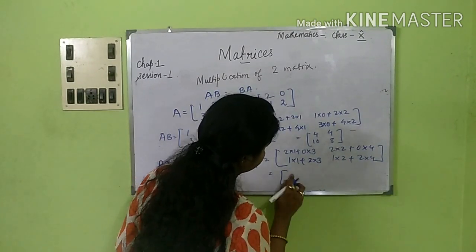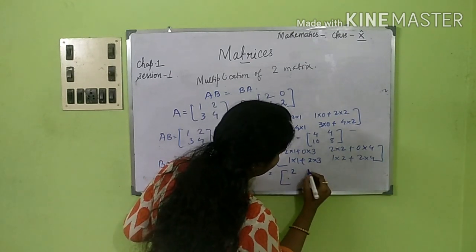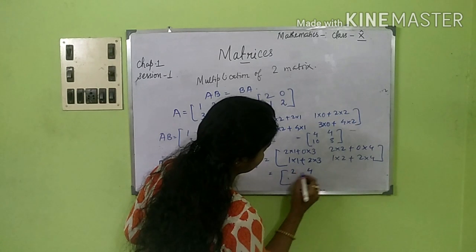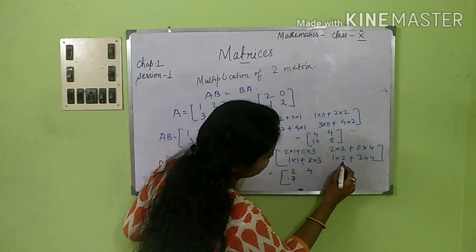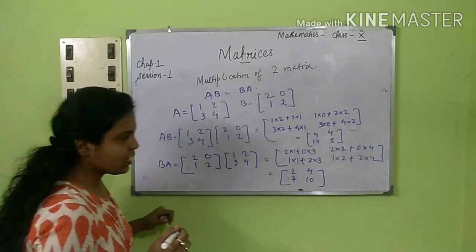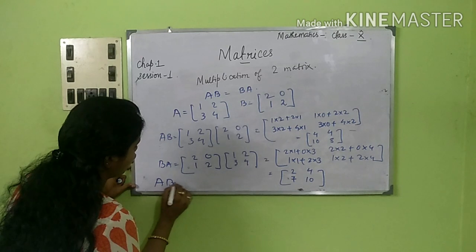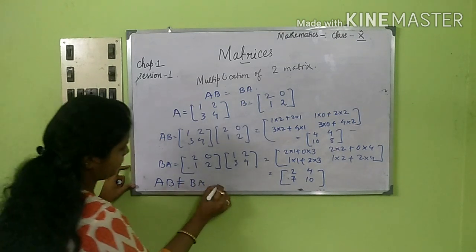So we are having 2, 4, this is 1 plus 6, 7, and this we are getting 2 plus 8, that is 10. You can make out that AB is not equal to BA.